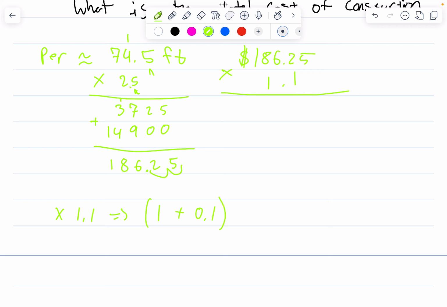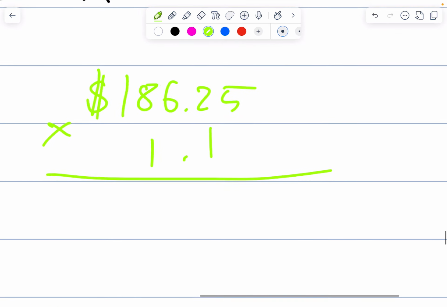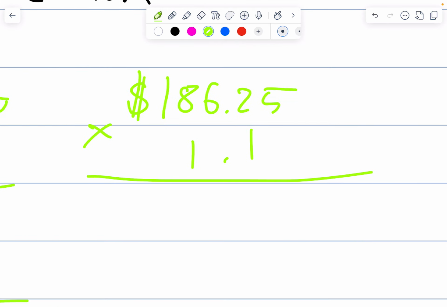If you think about it, you have x times 1 plus x times 0.1. You factor out the x, you get x times 1 plus 0.1, which is equal to 1.1 times x, right? So that's how I'm adding in the tax, and you can do this when you're at the store as well.